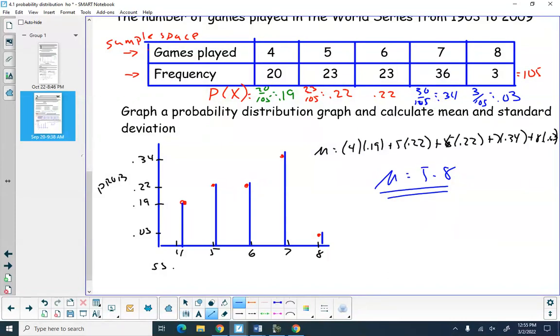If you look at the mean as an expected value, what you would expect is 5.8 games, or 6 games, in a World Series.